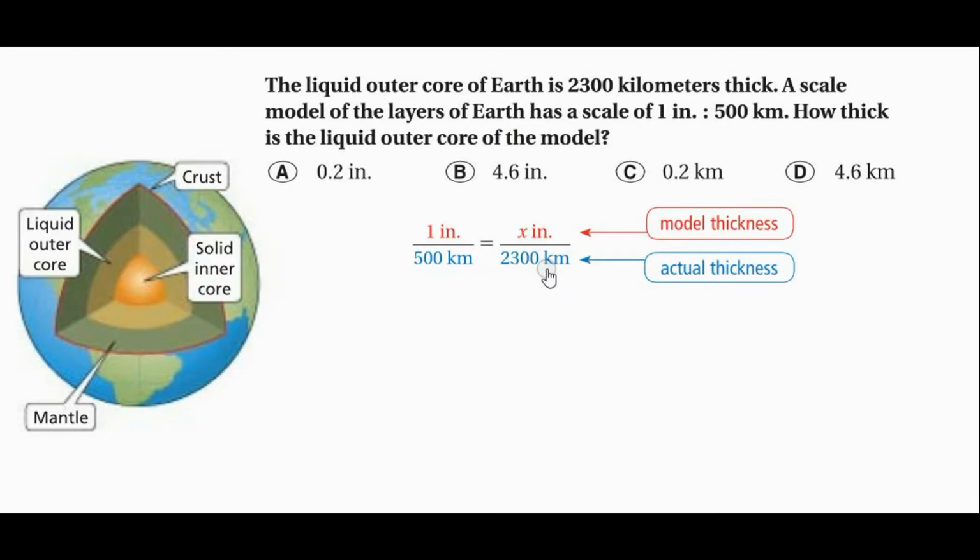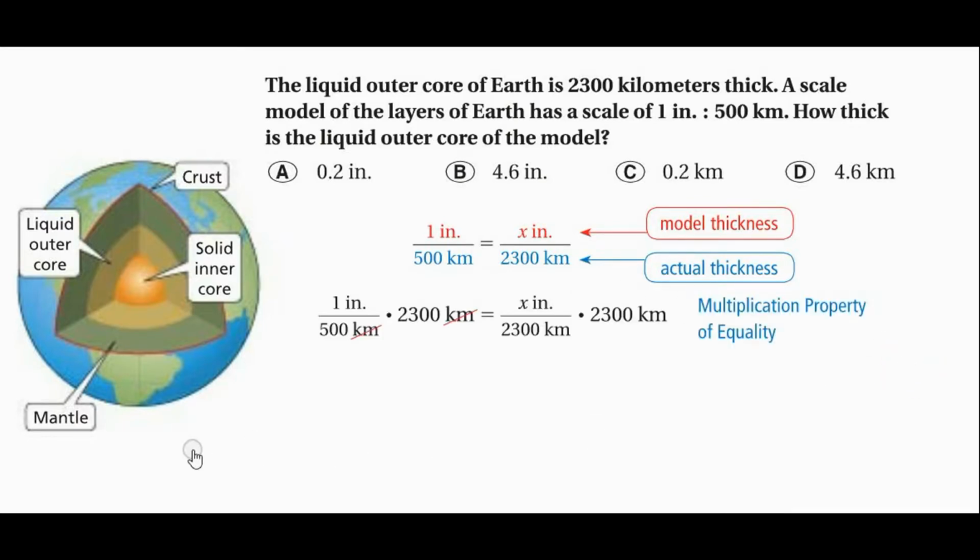But we know the actual thickness, which they told us was 2,300 kilometers. So we can set up our proportion to solve for our unknown, whether it's an unknown on the model or an unknown in the actual sense on the ground or in real life.